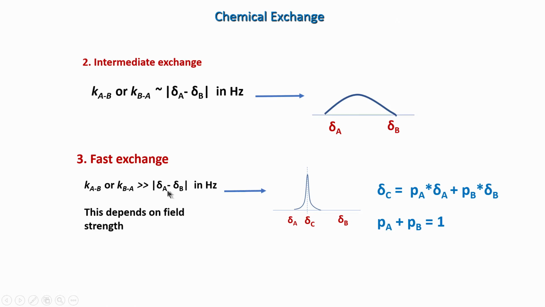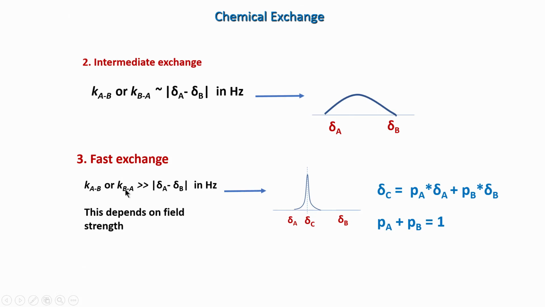Okay. So, this changes, but this rate constant does not change with the field strength, whether it is 400 or 800, because this is not an NMR parameter. It is a parameter inherent to the reaction, the change of A to B. It does not depend on the strength of the magnetic field I am using for the experiment. So, this rate constant is constant.